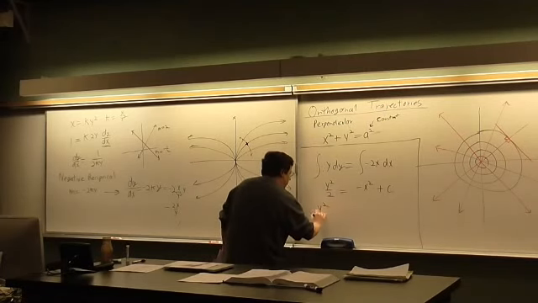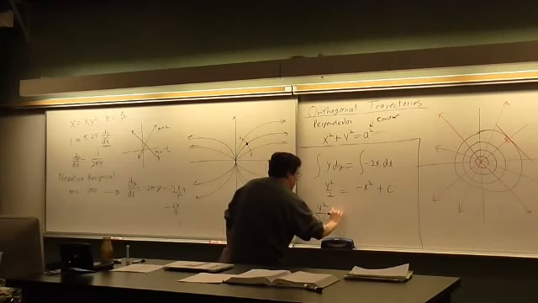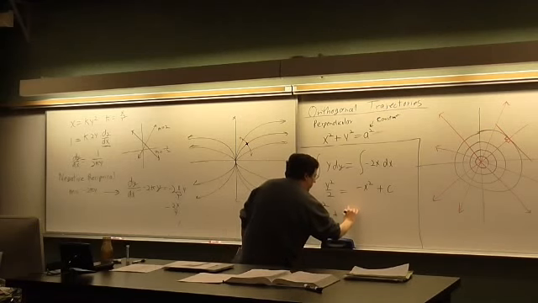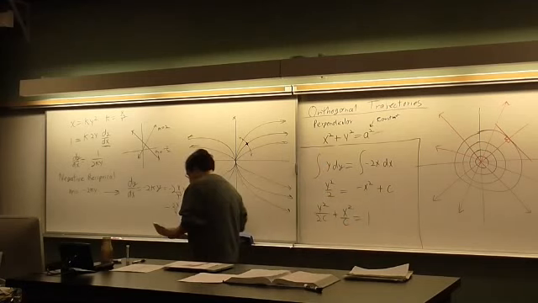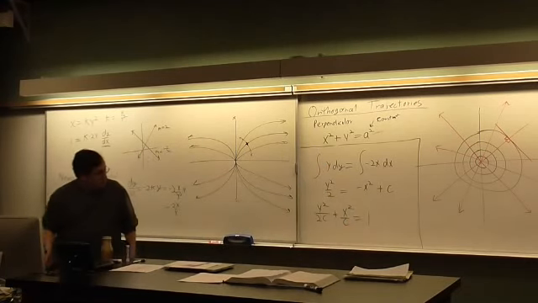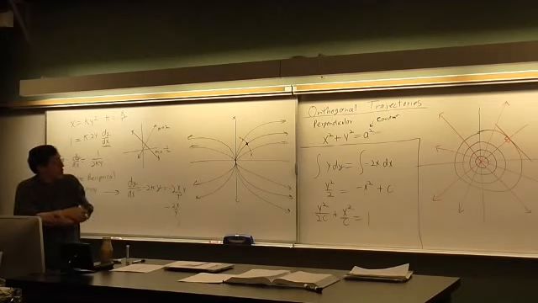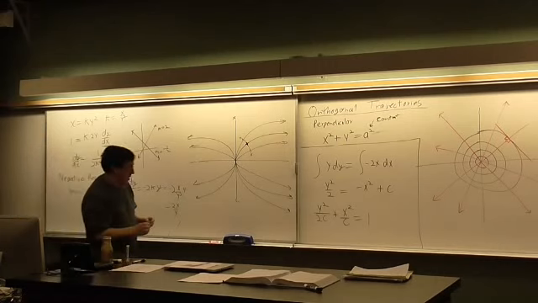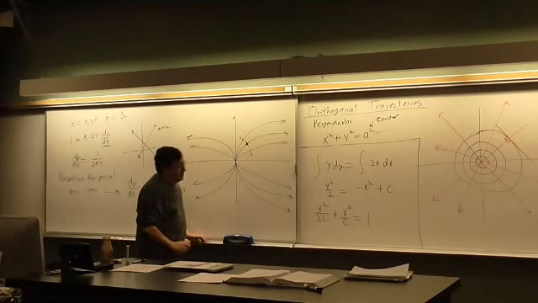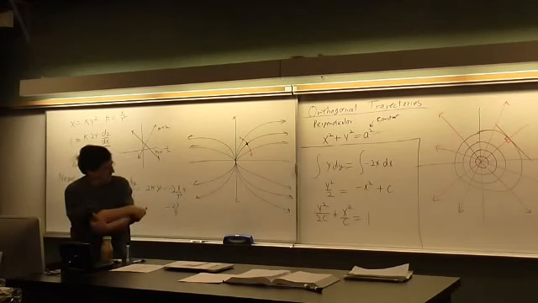So I'm going to get y squared over 2c plus x squared over c equals 1. What is that the graph of? y squared over 2c plus x squared over c. Anyone?